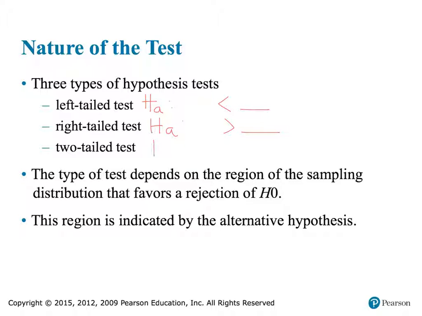Or it can be two-tailed, where in the Ha, we say that mu or p is not equal to a number. So depending upon the direction of the alternative, less than, greater than, or not equal to, our hypothesis test can be left-tailed, right-tailed, or two-tailed.